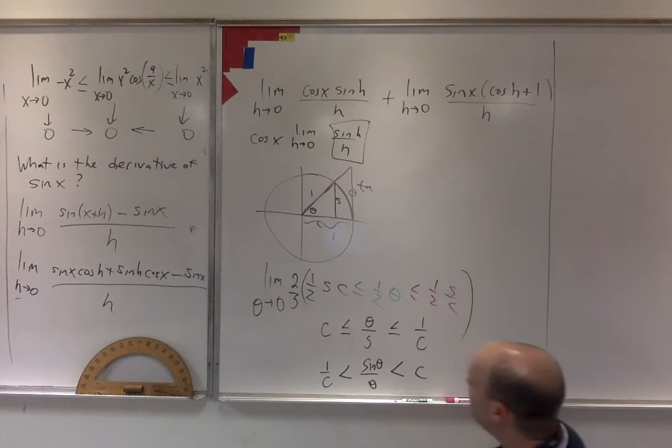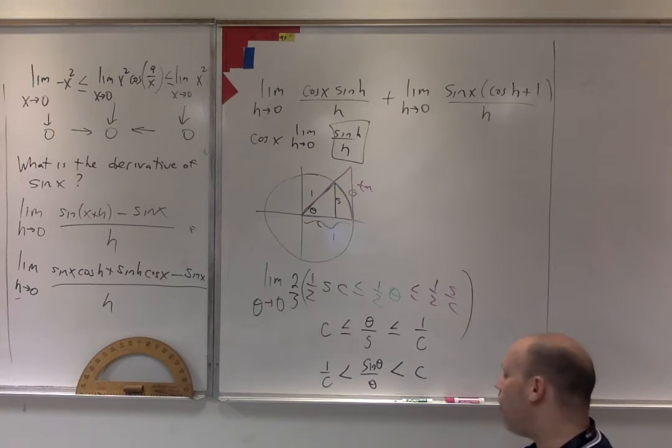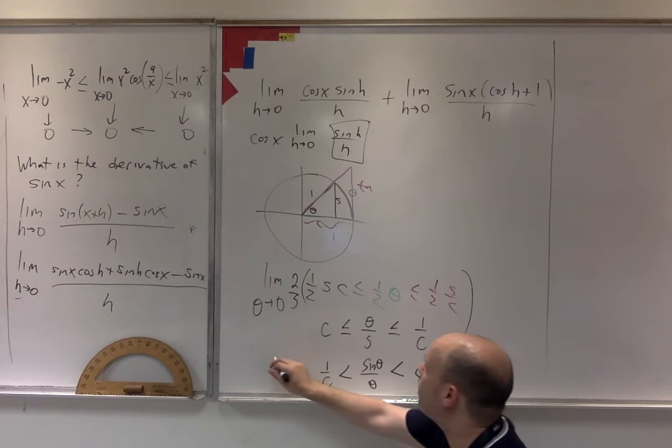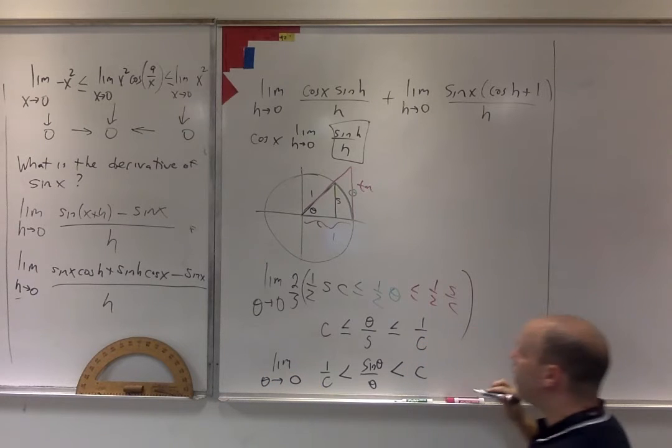So the question now is, what's going on? Well, if I take the limit as theta goes to 0, cosine of 0 is 1.